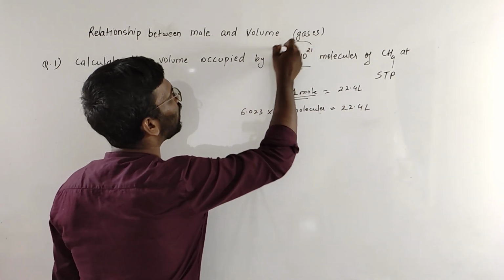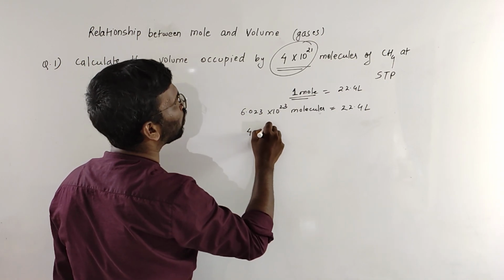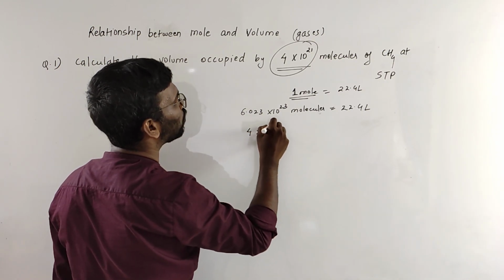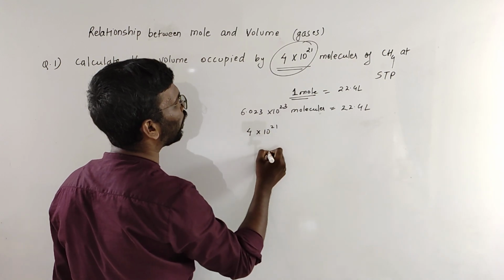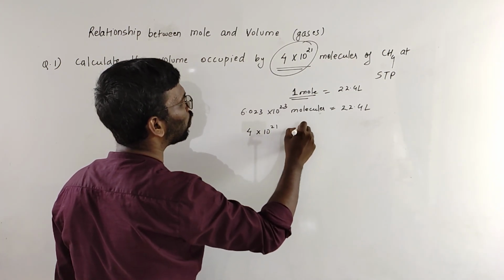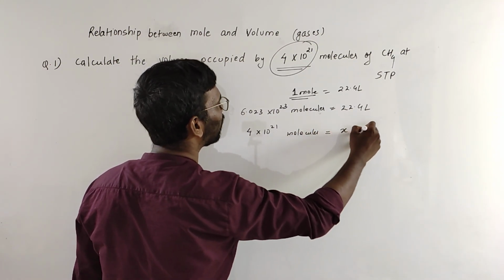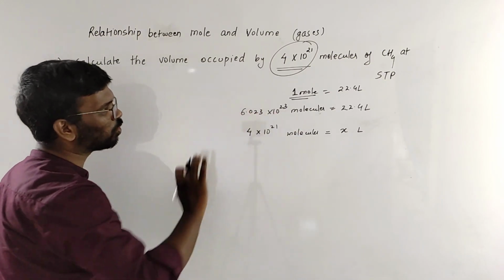So 4 into 10 raised to 21 molecules will occupy how much? X liter, right? That is what I need to find.